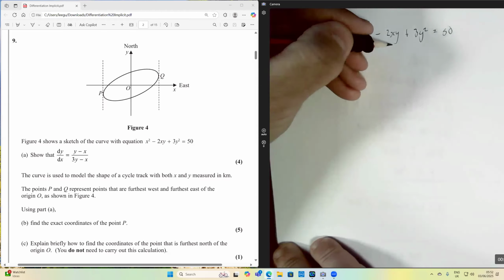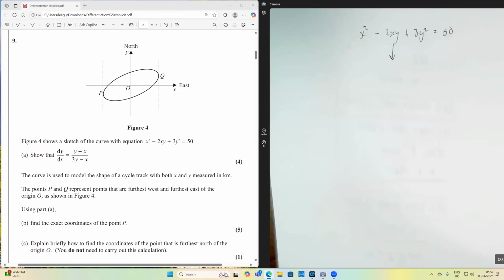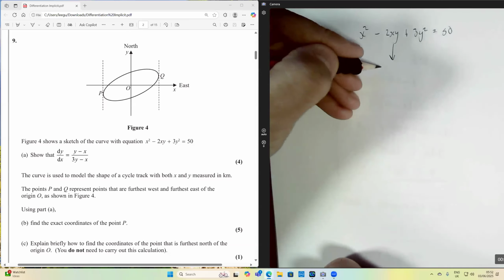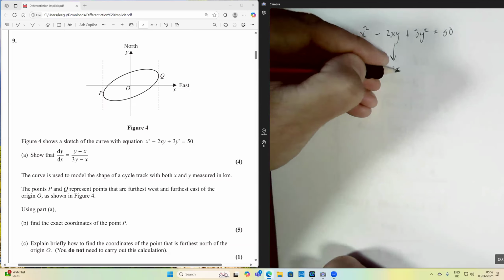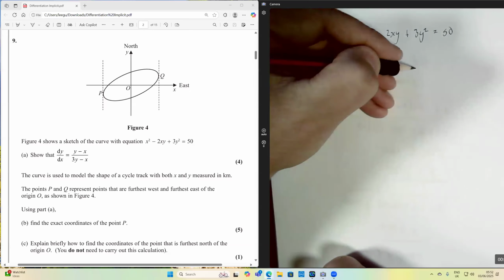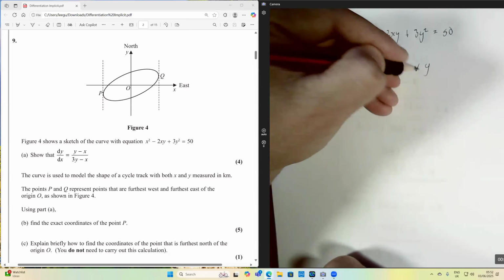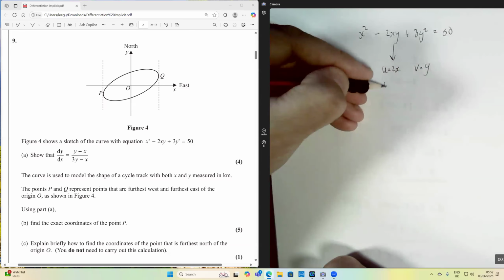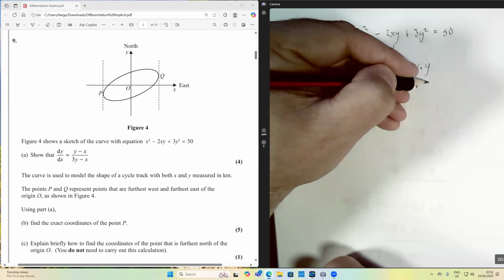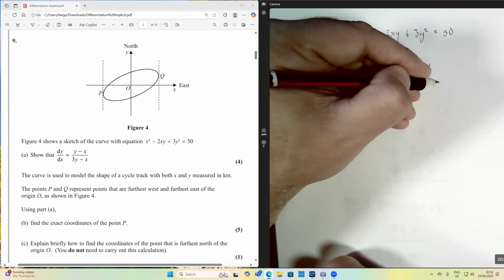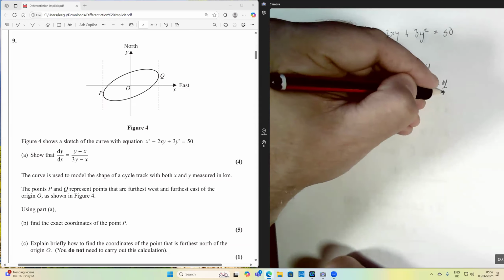I think the thing we need to be aware of here is that when we differentiate this minus 2xy, we are going to need to use the product rule. So let's call u 2x, and let's call v y. So u dashed is going to be 2, and v dashed is technically 1 times dy by dx.